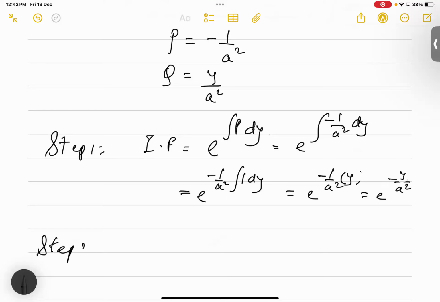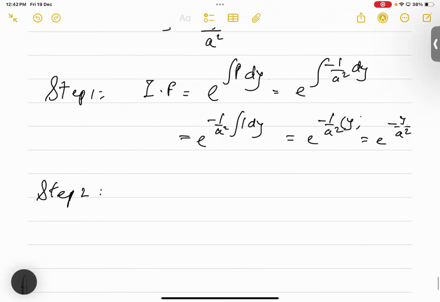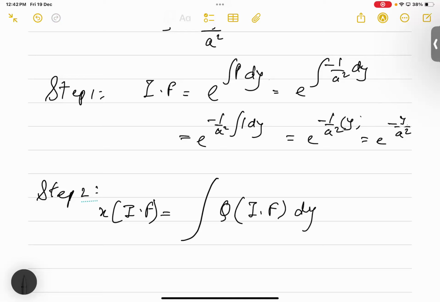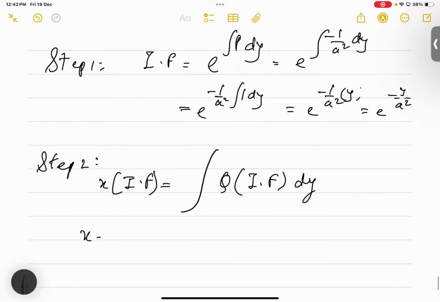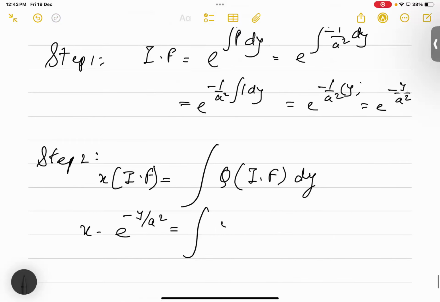Step 2. X into IF, integration of Q into IF dy. What is IF? So, what is Q? Y upon a square.